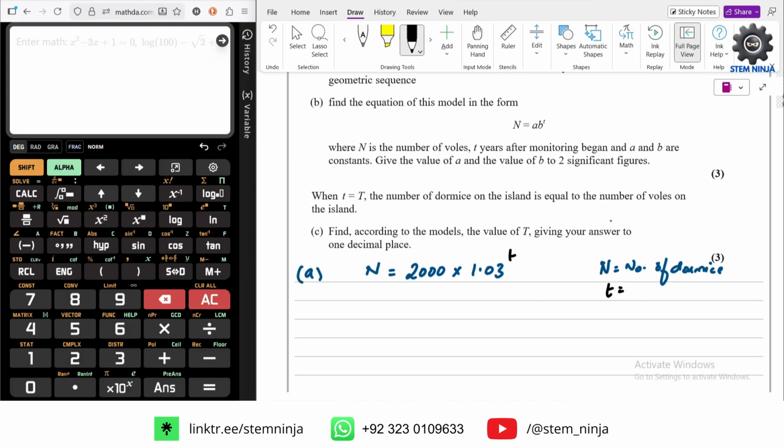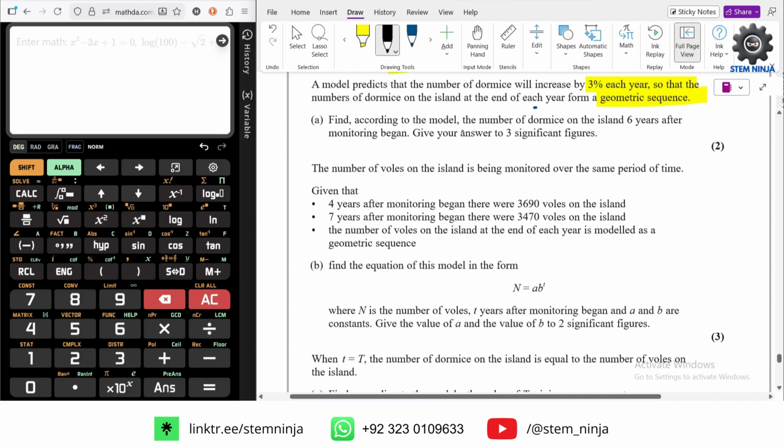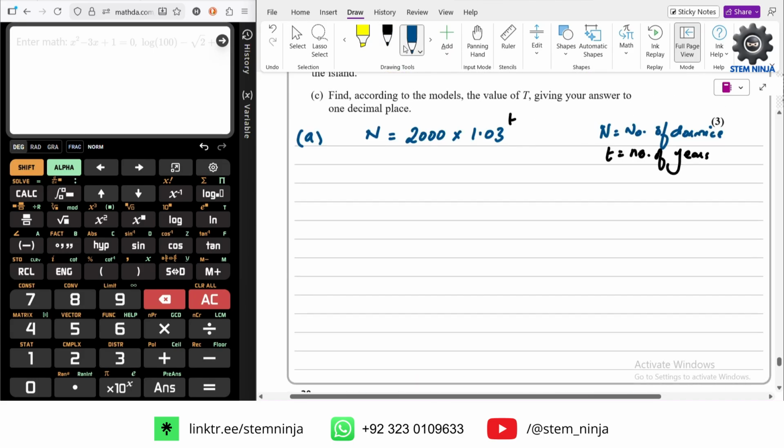Years after, right? Yeah, years. Number of years after monitoring began. Okay, so we need this 6 or 5 years. 6 years after that. Okay.